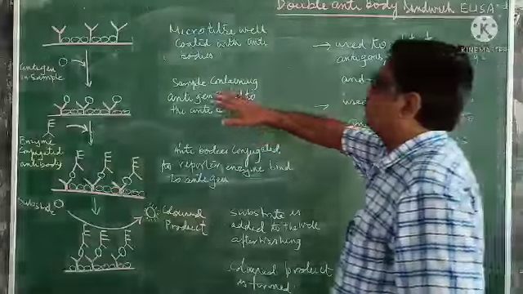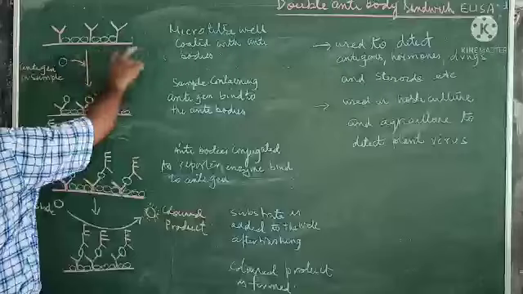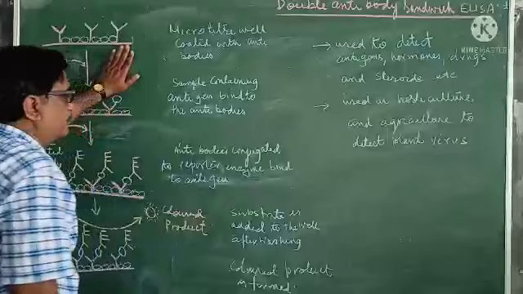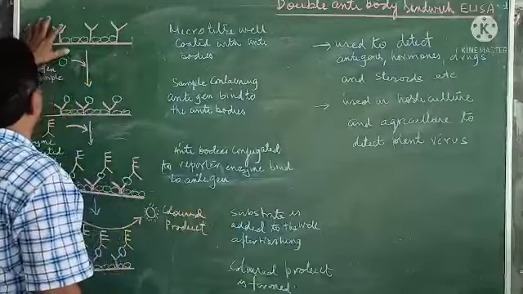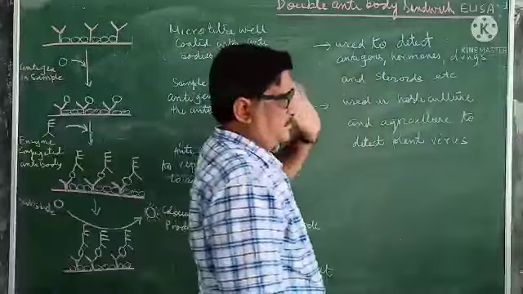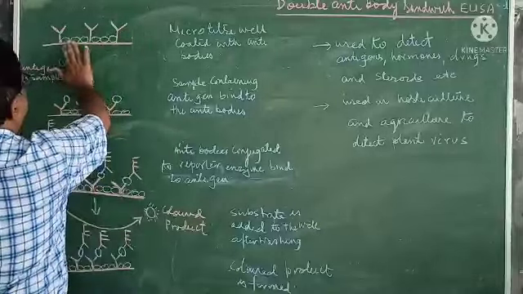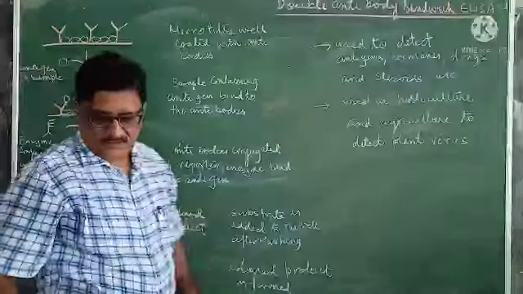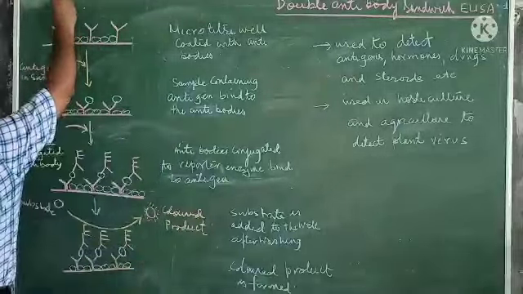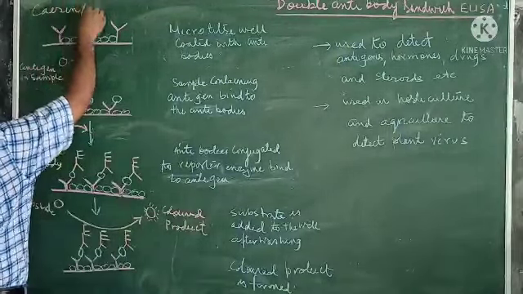In the first case, suppose this is the surface of the microtiter well of the ELISA plate, which is coated with an antibody, and the exposed surface, as we discussed in the last class, is covered with some neutral biomolecules like bovine albumin or casein.